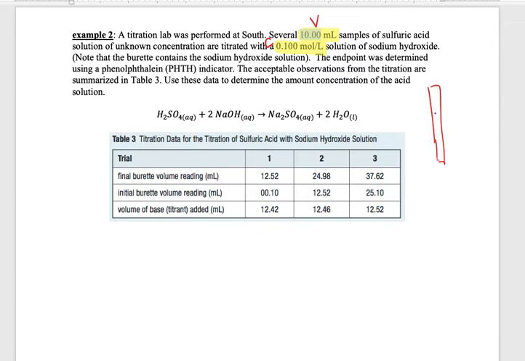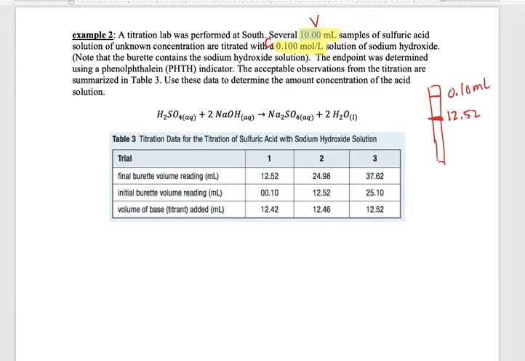What you're going to find is, maybe you started at the top here, but when you used up the solution, maybe it got down to here. So in the next trial, you're going to start from, like you started at 0.1 milliliters, and then you ran the first titration and you got to 12.52.